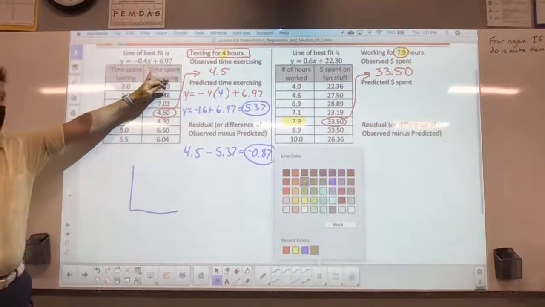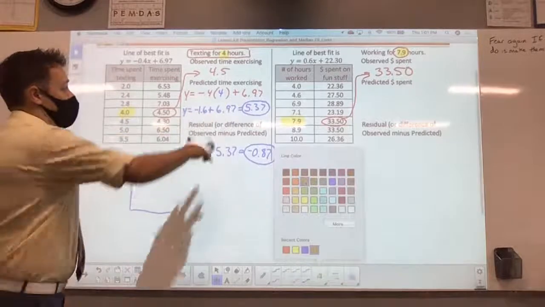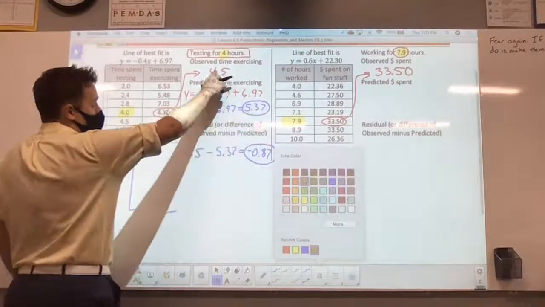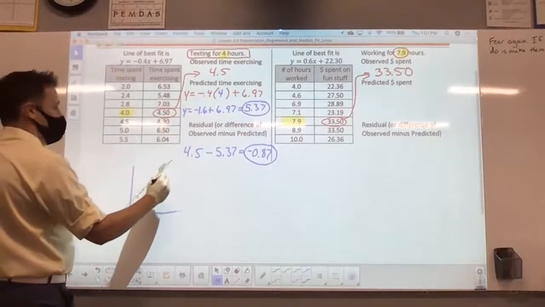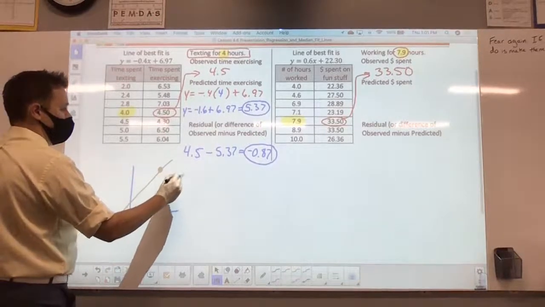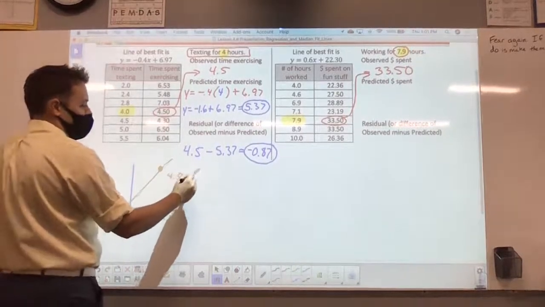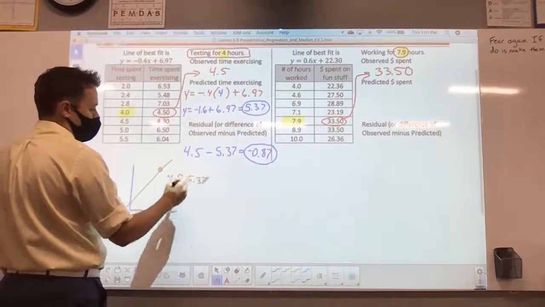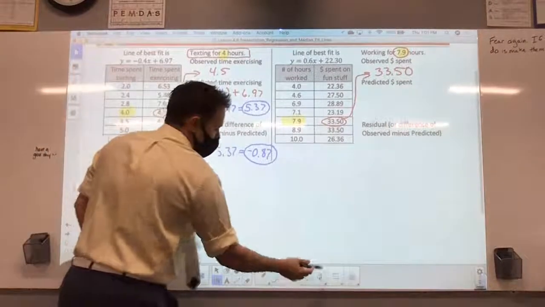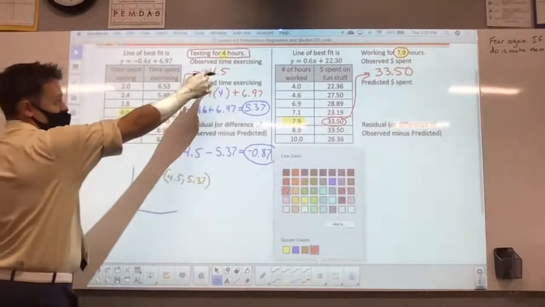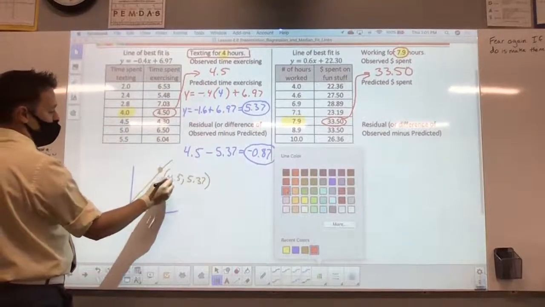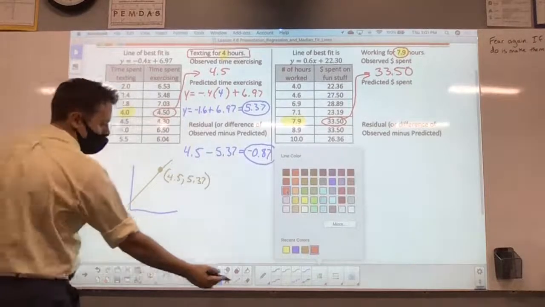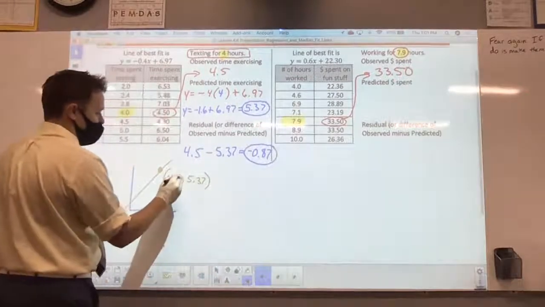And then on this line, it would actually cross at 4.5. My point right here would be 4.5, comma, 5.37. But in reality, my point should have been what? Actually, it would have been 4, sorry. What this is saying is this would be 4.